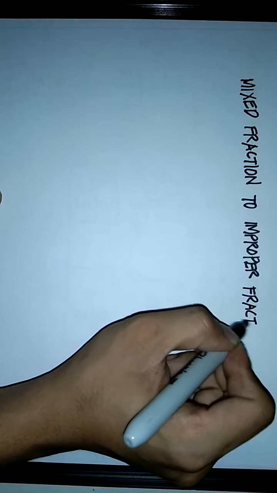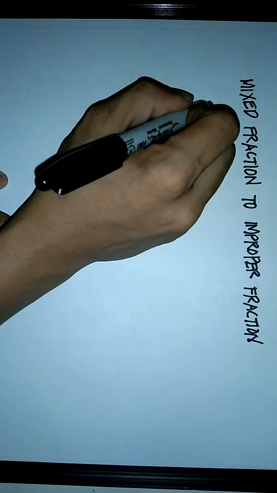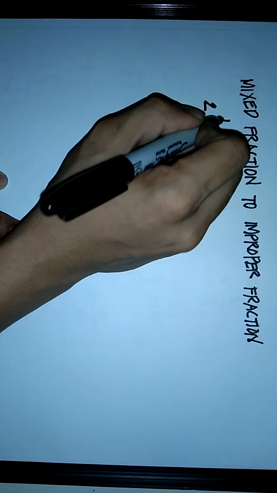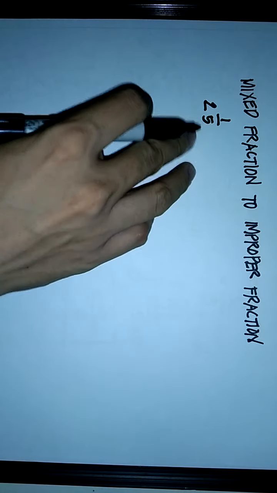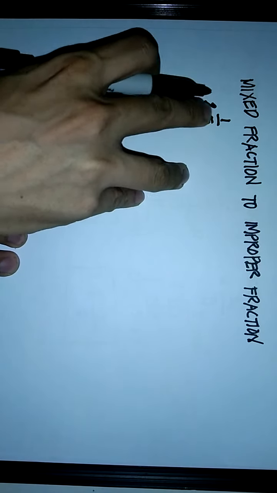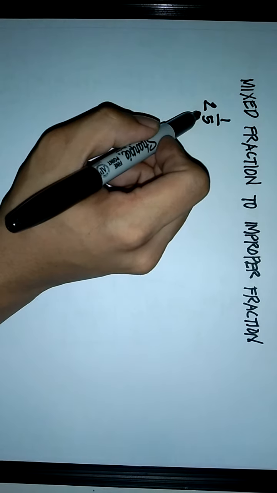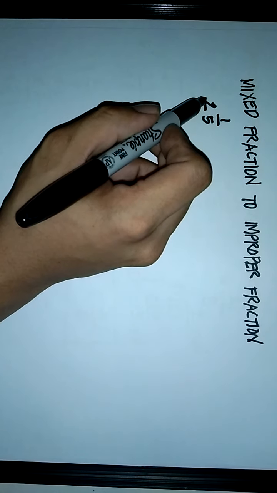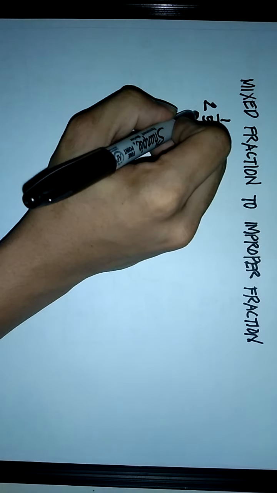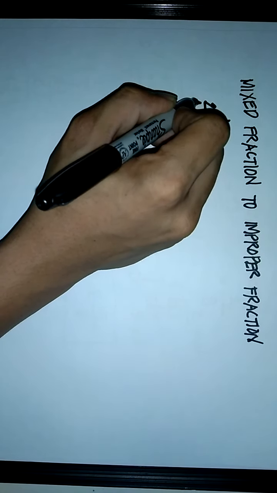So dito, meron naman tayong pabaliktad na gagawin. So if we have 2 and 1/5, we can convert this mixed fraction to improper fraction. So all we have to do is to multiply yung 5 at saka yung 2. So paikot yan. 5 times 2 and then atin siyang i-add sa 1.